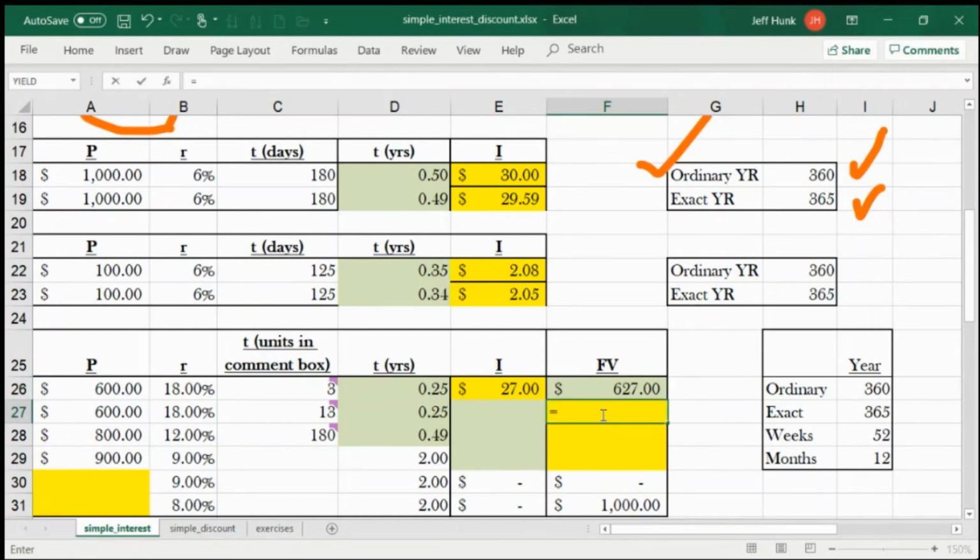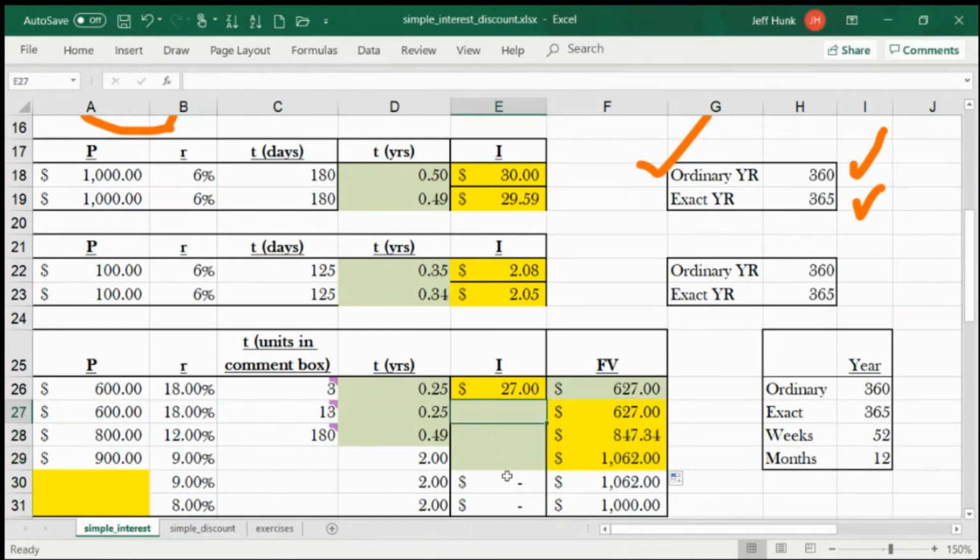That means you need to find the future value directly, right? So then it's 600 times 1 plus R times T. Okay, there you go. Of course, same problem, same future value. You can drag it down.